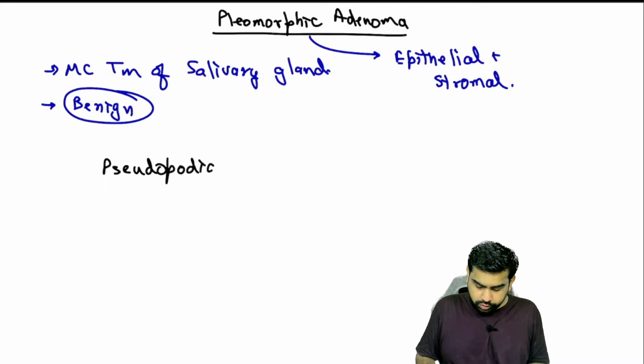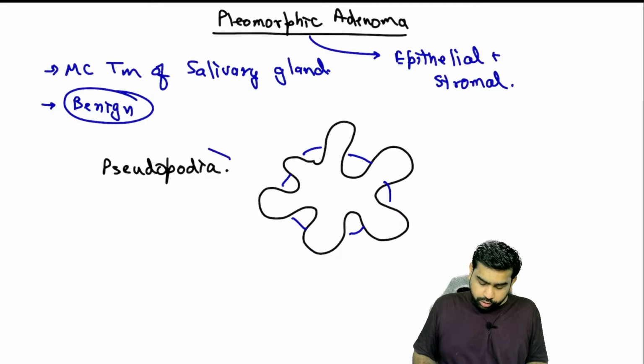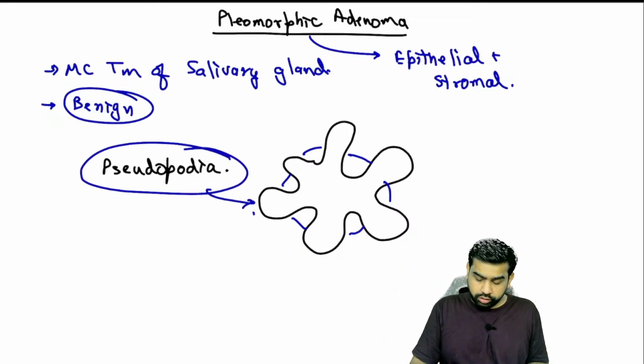What do you understand by pseudopodia? Pseudopodia are extensions like this which you have in this tumor, surrounding which you have some kind of capsule. These extensions which come out from this are called pseudopodia.